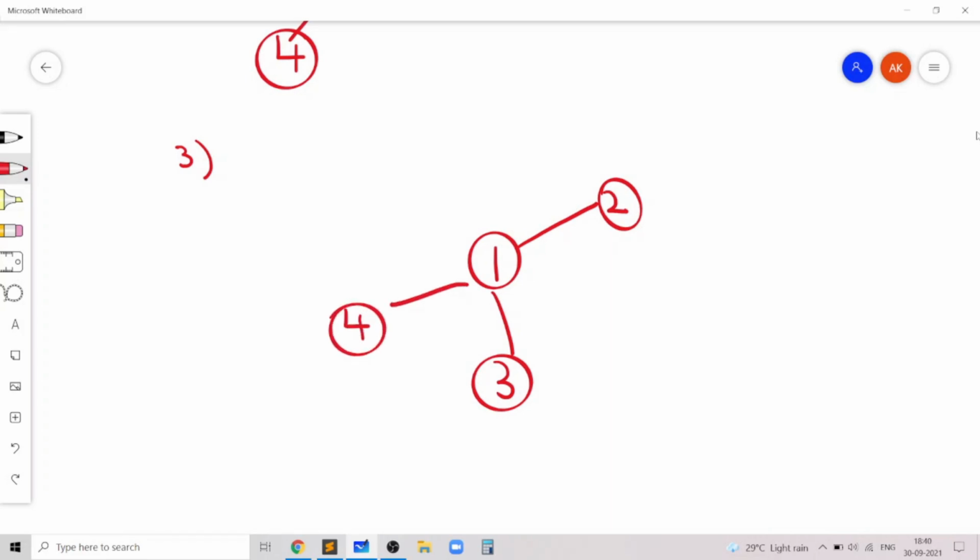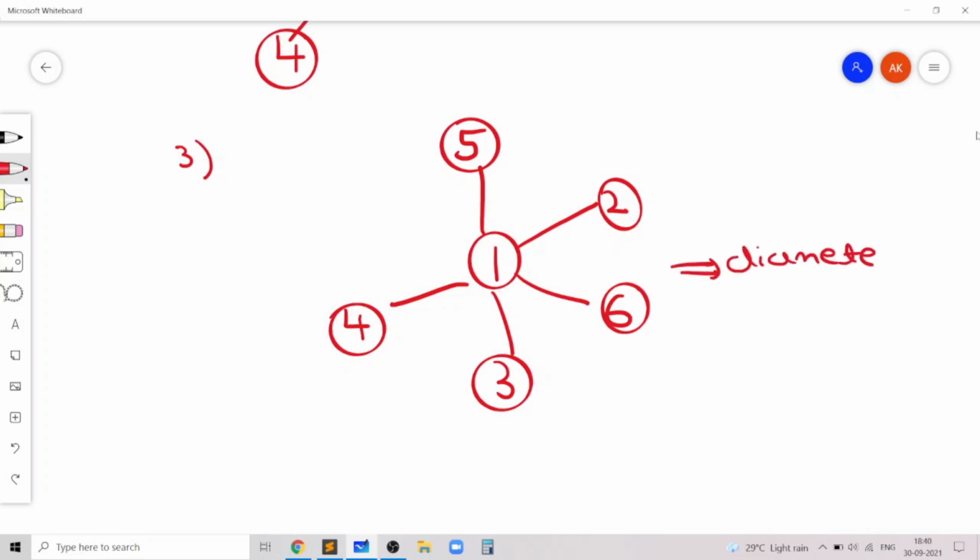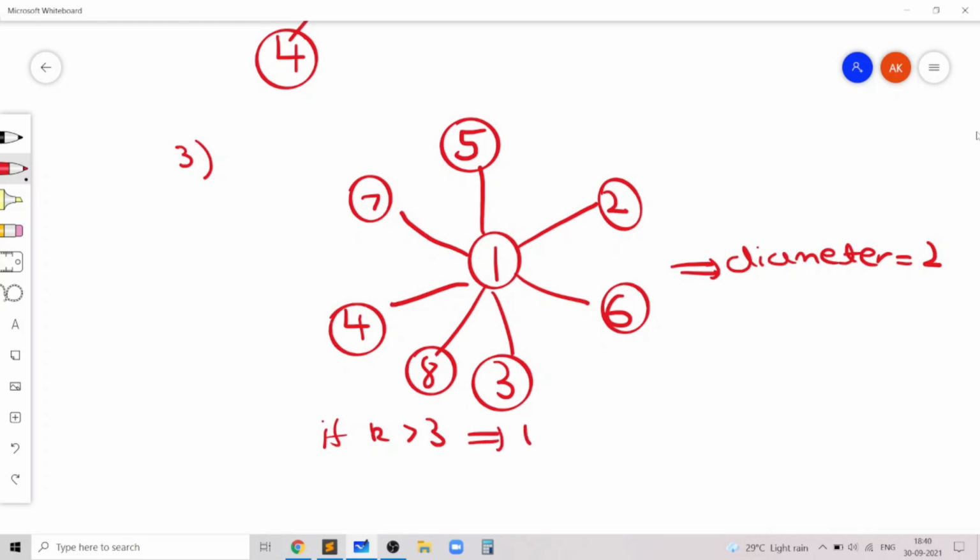The graph which I'm just drawing is actually the best way in which we can minimize the diameter, because notice that in this case the diameter is 2. So you realize that from this graph which I've just drawn, we can always keep on adding nodes such that the diameter is 2. And this means that if k is greater than 3, the answer is always going to be yes.